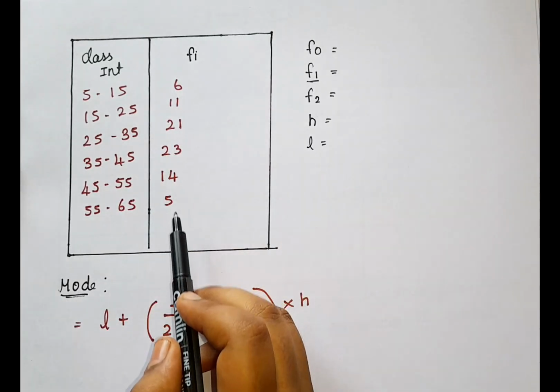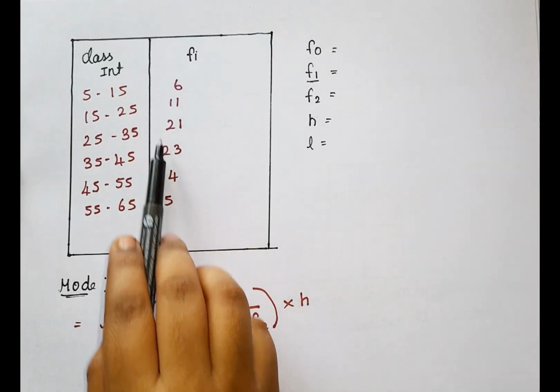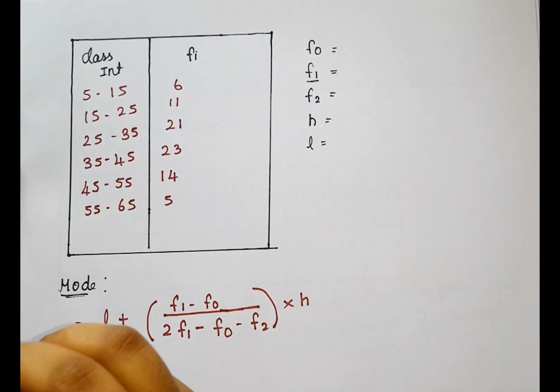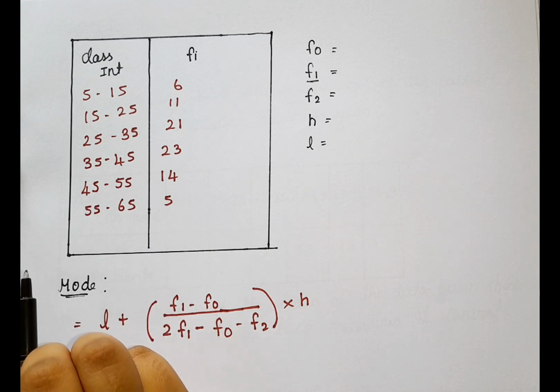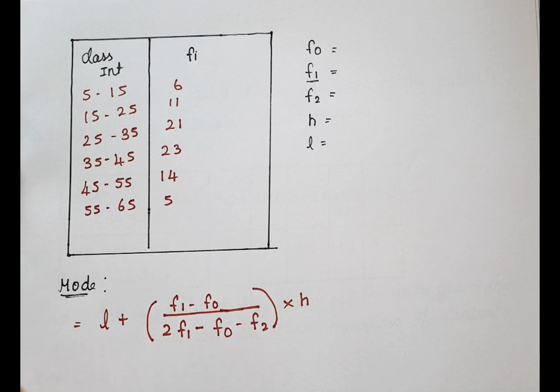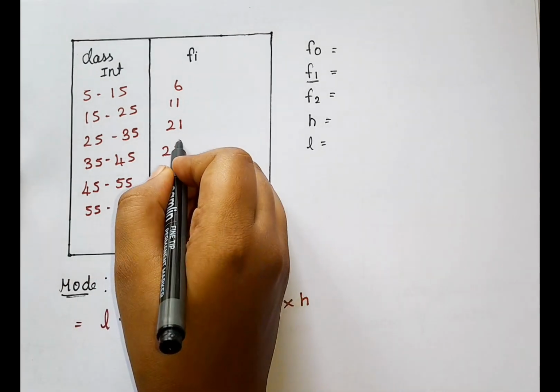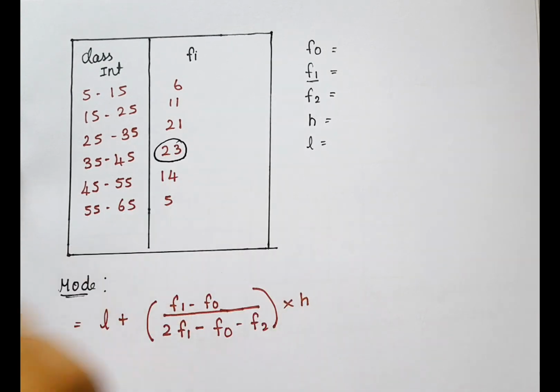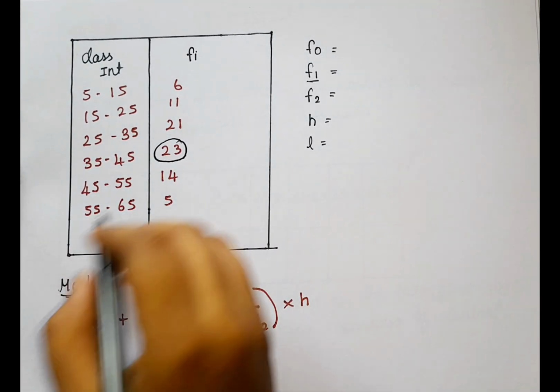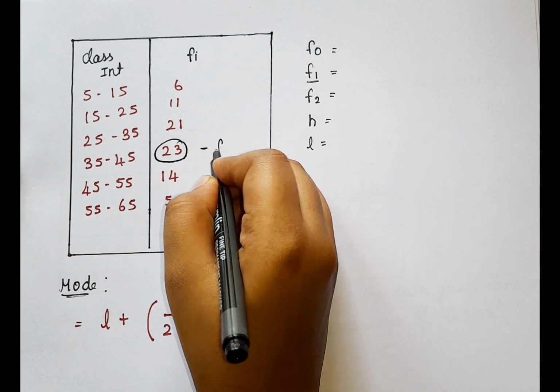In this frequency column, what is the maximum number, the greatest number? Here the greatest number is 23, so I am going to take it as F1.